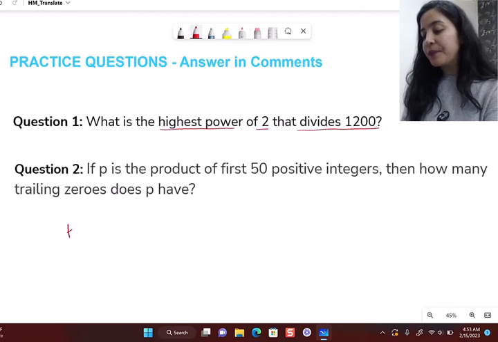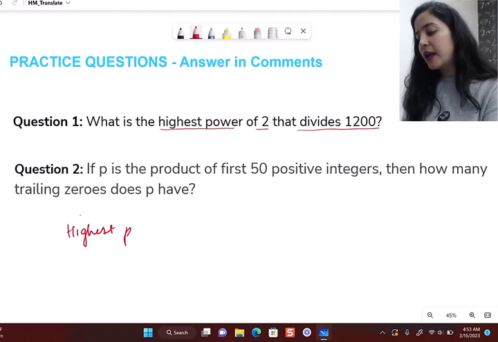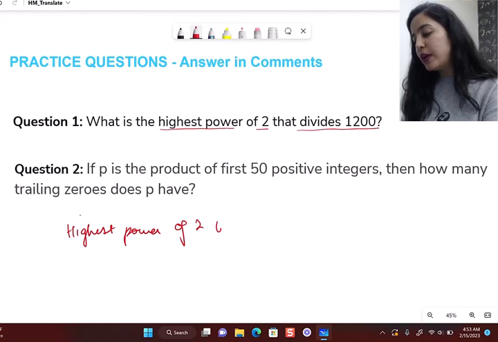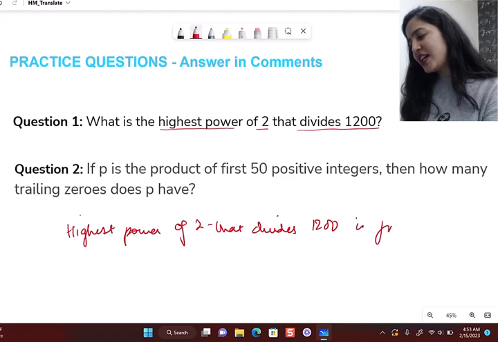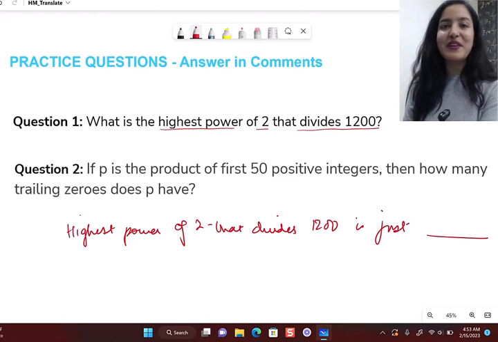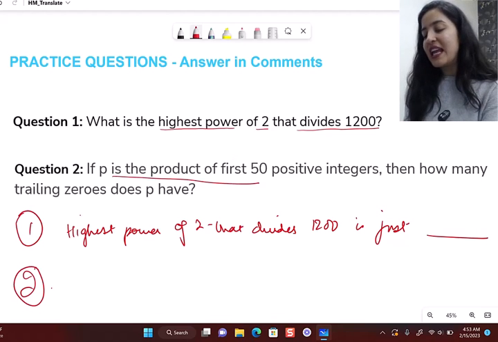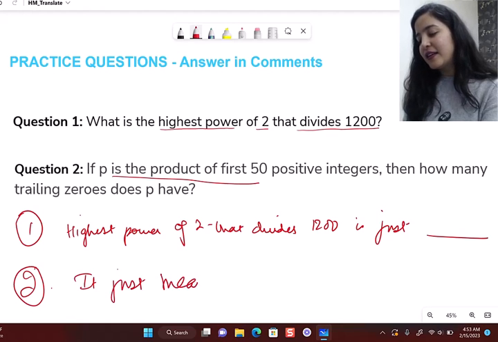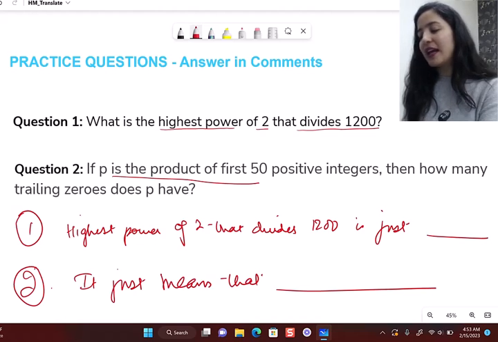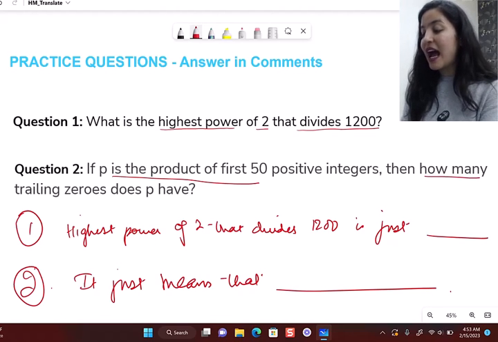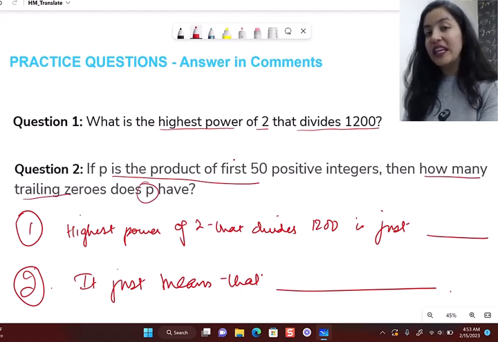You will say that the highest power of 2 that divides 1200 is just whatever simplified version you come to. Similarly, for number 2, you will read it and just say it just means that. This question wanted to know how many trailing zeros it has. You don't give me the number of trailing zeros. You just say that it means I have to find this thing.